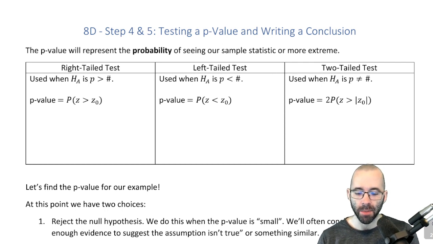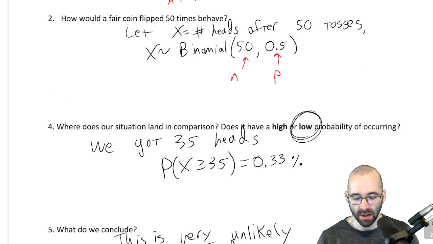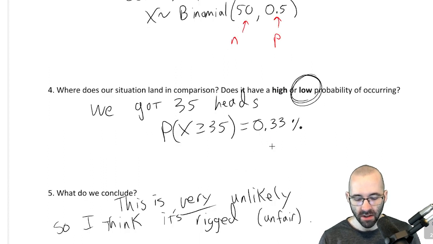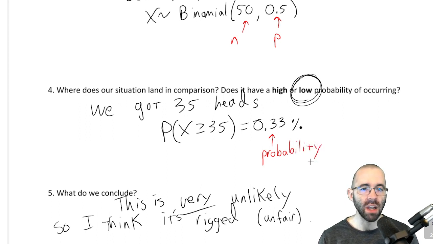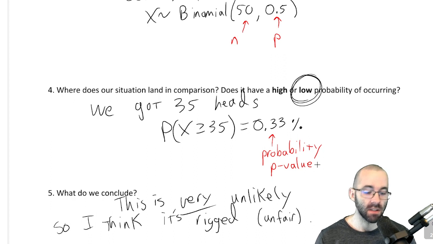So, for example, going all the way back to how we started this, p-value is what's the probability of seeing our situation. So when we got 35 heads, we found that the p-value was 0.33%. Okay, so we've already found a p-value.